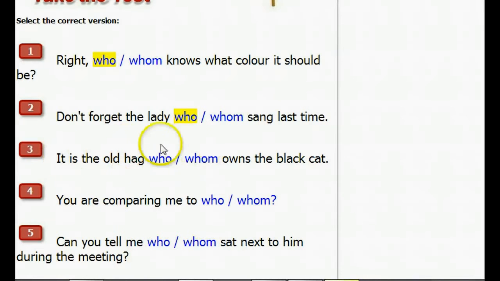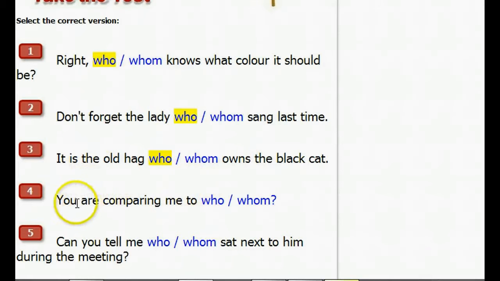Now you know that one of these is referring to not only the predicate nominative, but the subject. So it also has to be in subjective case. So again, we're going to choose who. And that makes sense because who owns the black cat? Who is the subject of the verb owns?